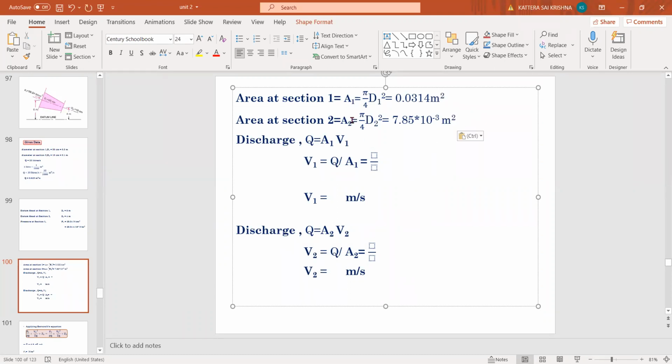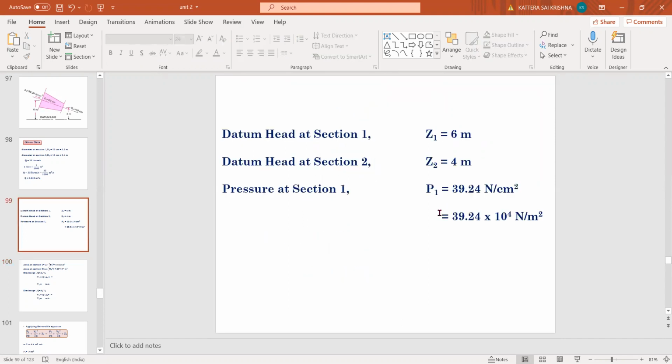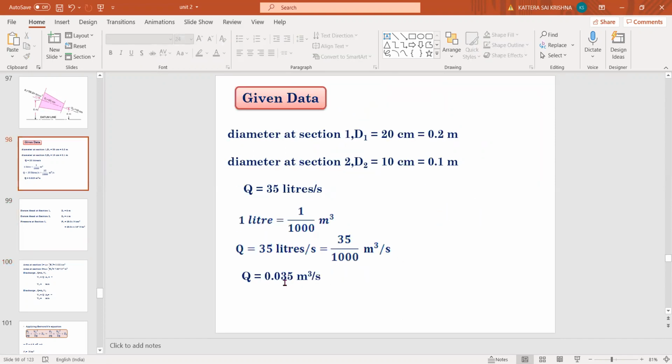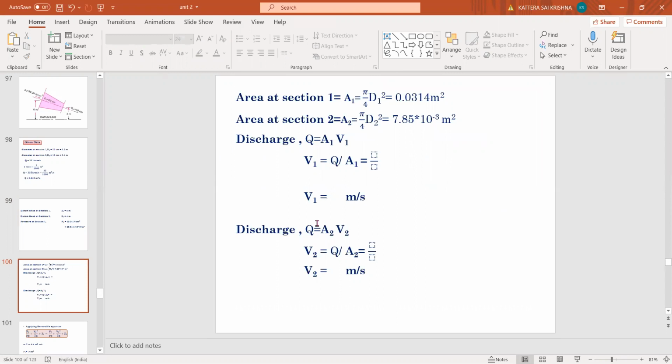Okay, so A1 we have got and A2 also we got. Now we can use the given discharge value. The Q value we have already found out, that is 0.035 meter cube per second. So now discharge Q is equal to A1 V1, from this V1 is equal to Q by A1.